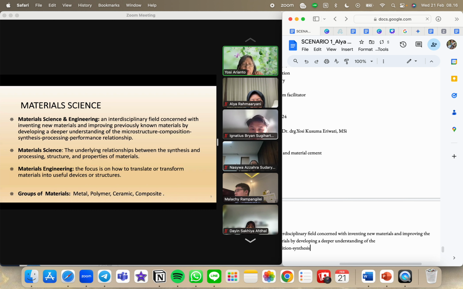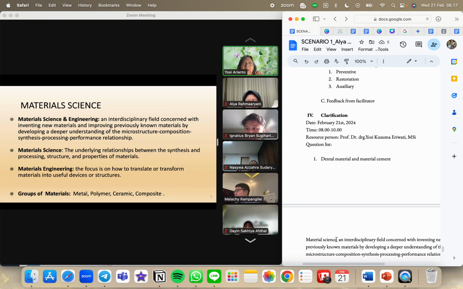Okay, so it will cover a lot of materials that we are using, especially in engineering and dental materials, or any materials that we use, especially maybe in the industry, airspace, and everything.